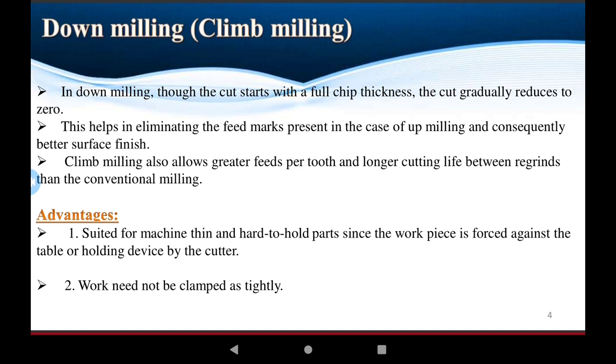In both up milling and down milling operations, a very smooth workpiece surface is produced, and the stiffness also increases. Climb milling also allows greater feed per tooth and a longer cutting life than conventional milling machines.